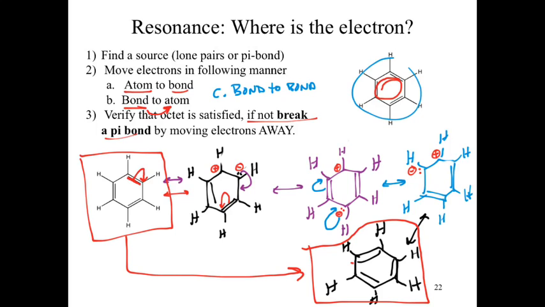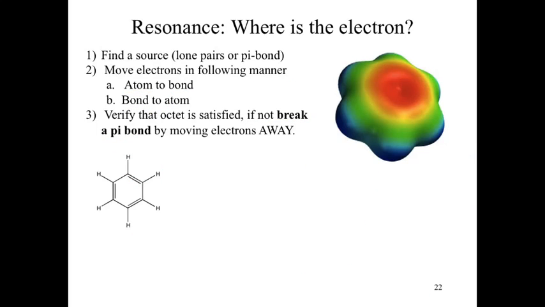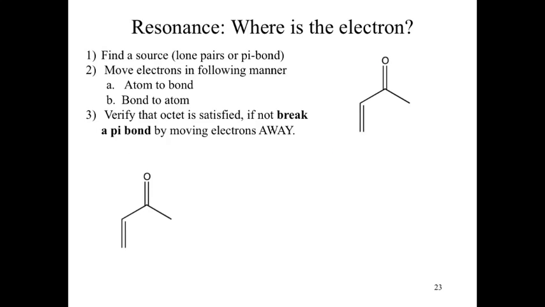Draw the first bad resonance. Okay, it's got to be the first one. So that explains why the electron density in our electron map is centered throughout the entire middle of the structure and not just at individual double bonds. Okay, so resonance can help explain that.